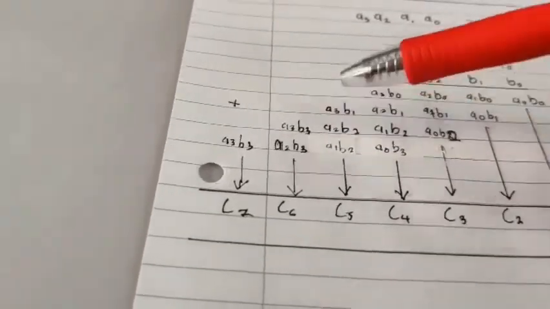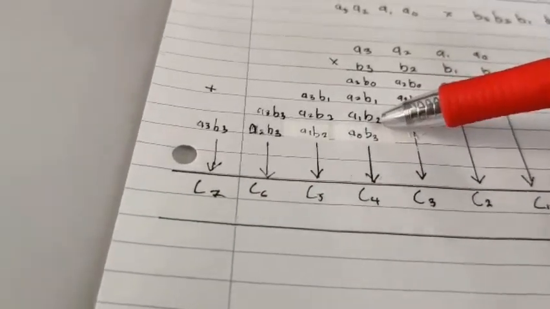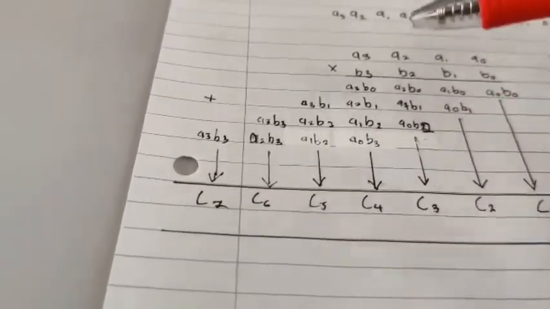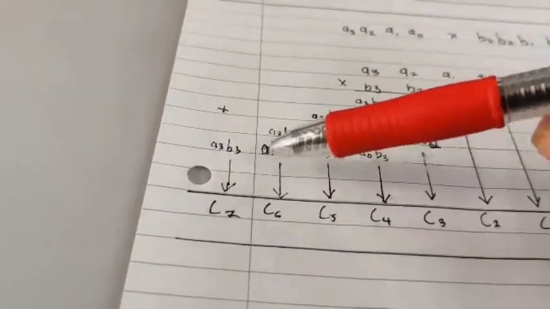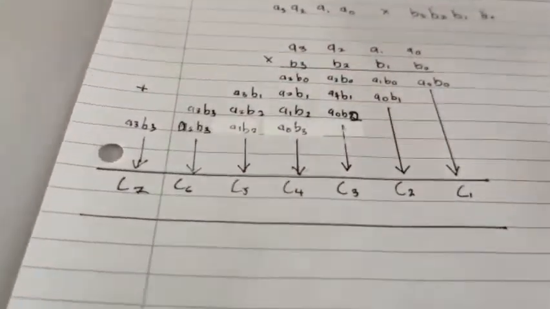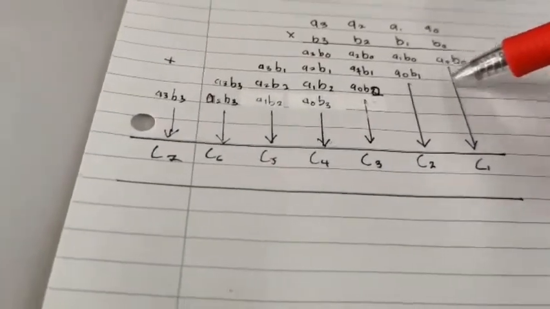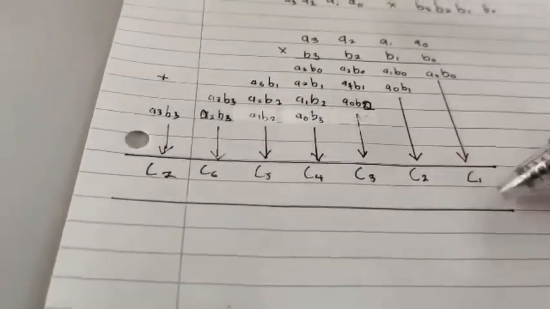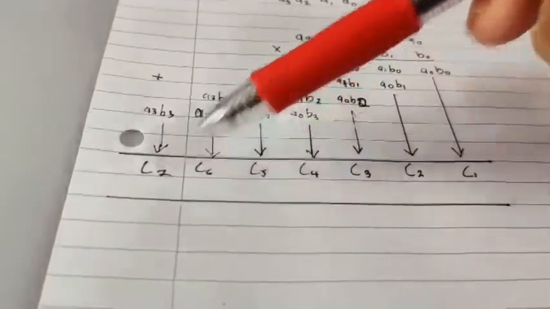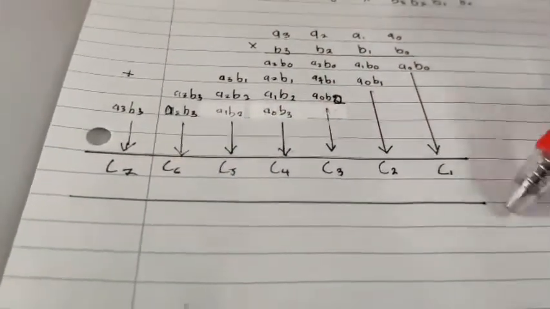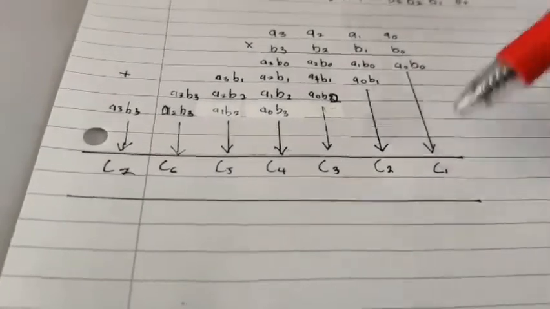The third adder adds the summation of the previous adder to this value, and all the adder outputs we bring down, which is C1 until C7. C7 is the MSB, C1 is the LSB.